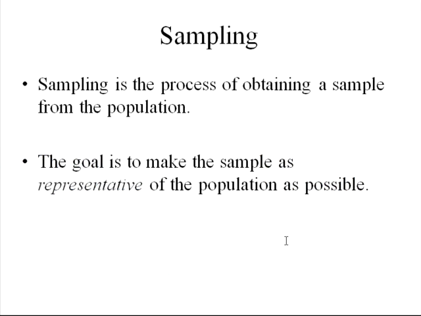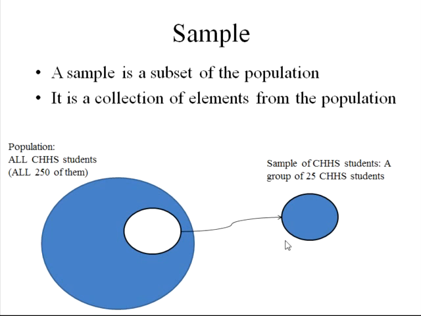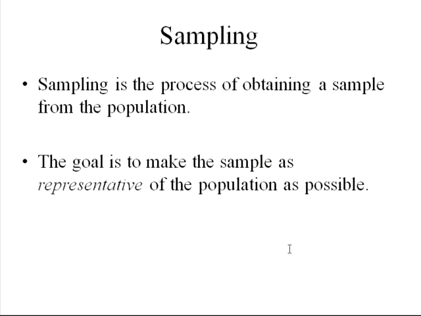Now, sampling is the process of obtaining a sample from the population. How did you select these 25 students? You had to use some process, and that process is sampling. What sampling method did you use? It turns out that the process you use to select the sample is what makes a sample representative or not.